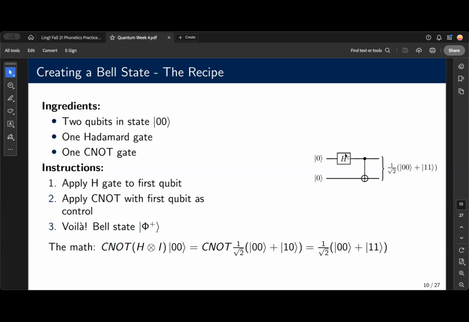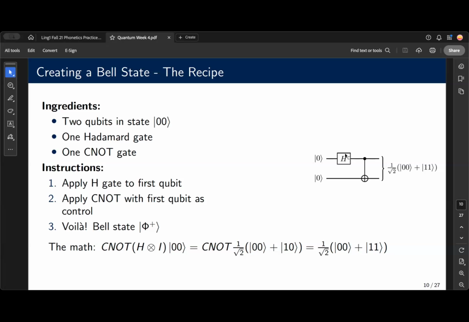And reviewing the math, similar to how we did it in the computer notebook, I believe it should be this. So in terms of the order, we have the H tensor I applied to the 0, 0 first. So this is how we write it. We write the operations from right to left, depending on which ones are being applied first.